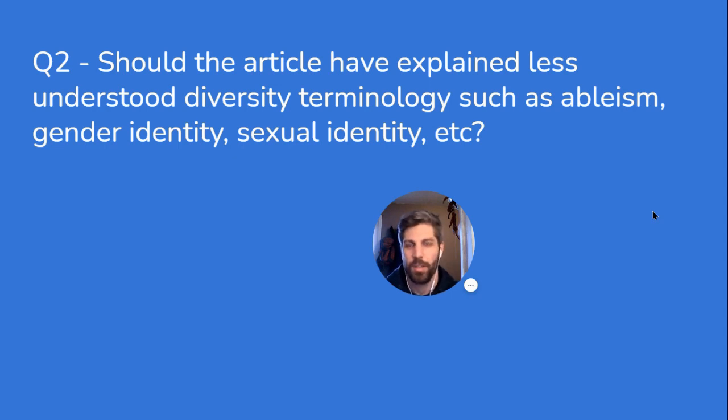So that's a common misunderstanding that people have between transgender or transsexual. So that's an important term that I thought maybe could have been covered a bit more in the article. So those are the two questions that I thought hadn't quite been answered fully in the article.